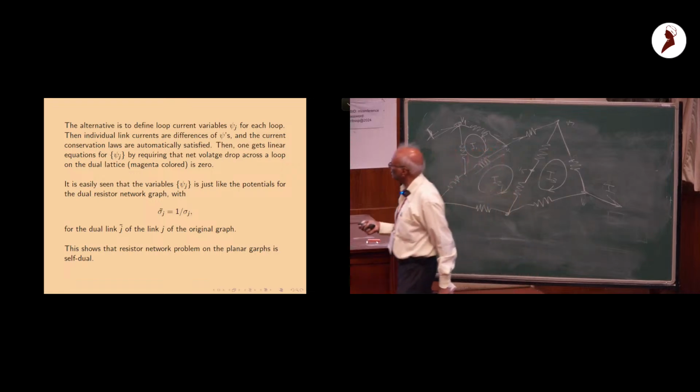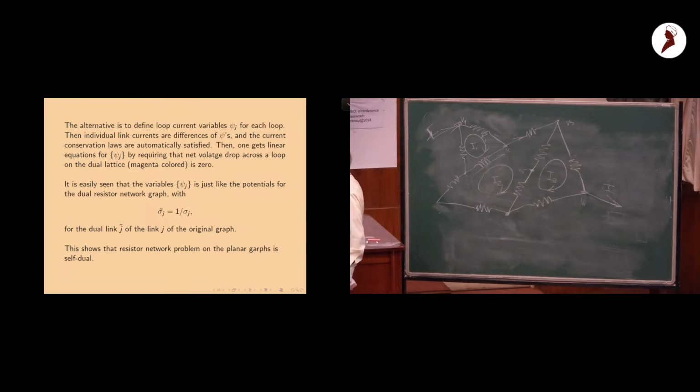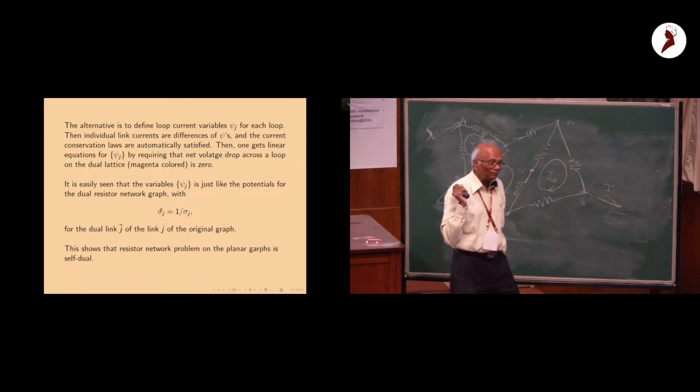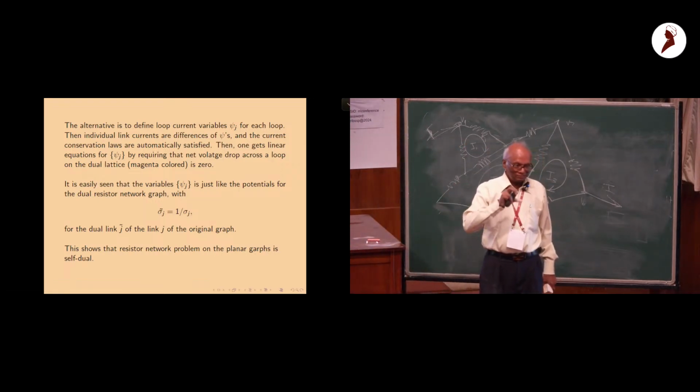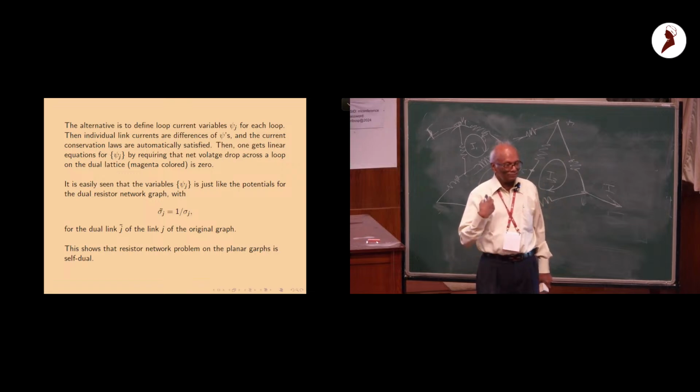Okay, so the resistor network problem on the planar graph is self-dual, but the conductance on the dual link is 1 by sigma of the conductance on the original link.